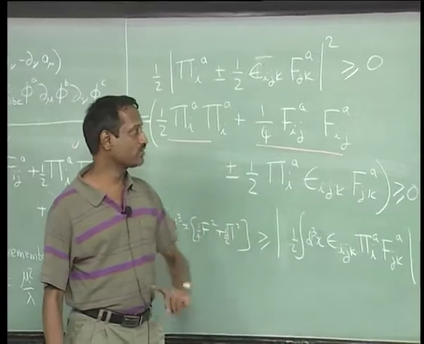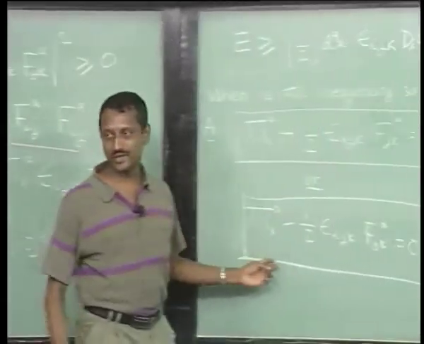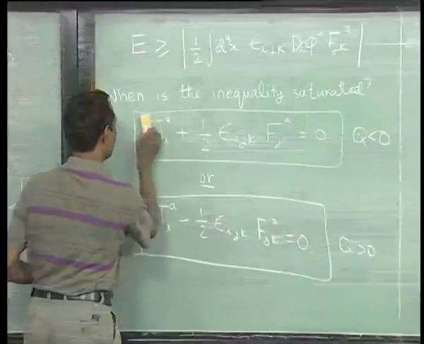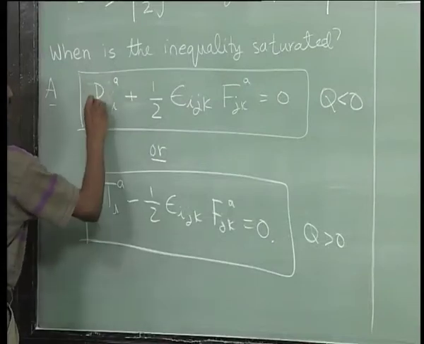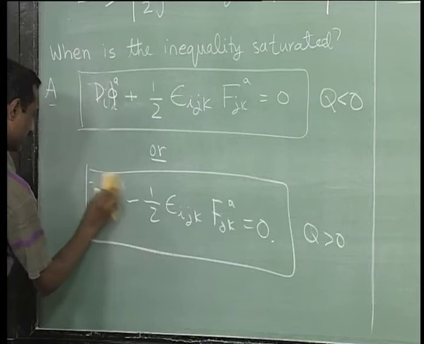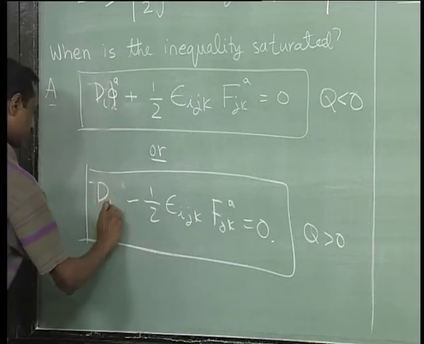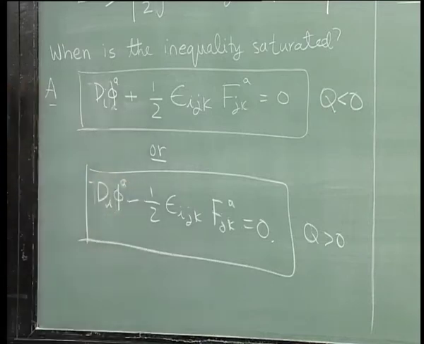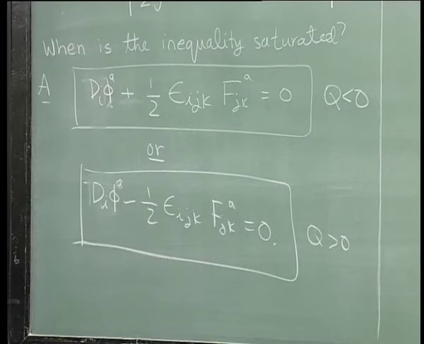But now comes the neat thing: these are first order equations, because pi_i is nothing but the derivative d_i of phi^a.